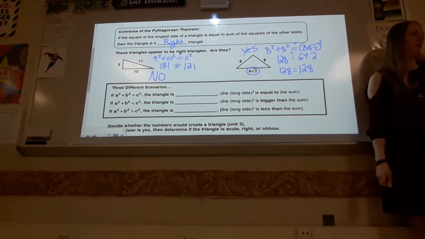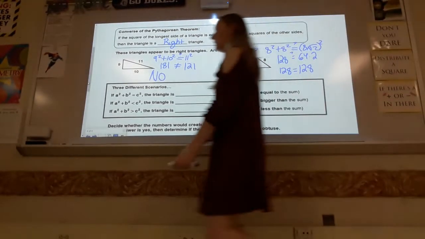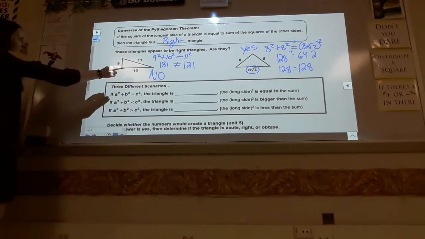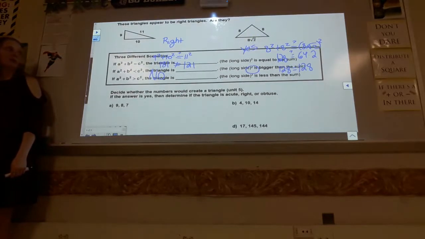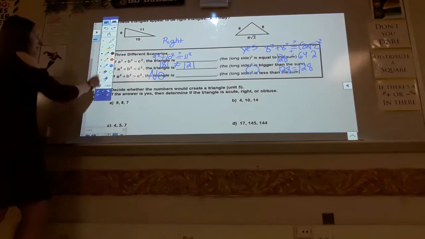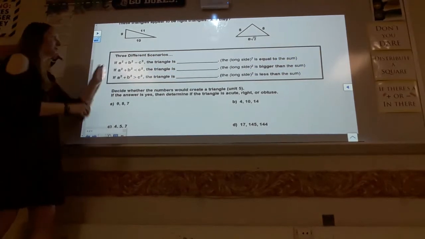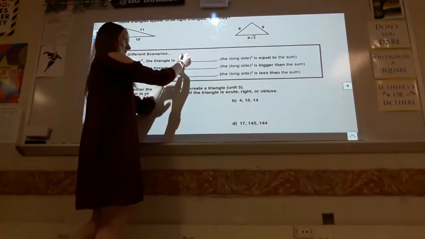Alright, everybody good on how to use converse? Alright, so like for this instance right here, where we said it's not a right triangle. Well, if it's not a right triangle, maybe we want to know what kind of triangle it is. If it's not a right triangle, what is it, acute or obtuse? So I have these little extensions right here. Obviously, if a squared plus b squared equals c squared, then it's what kind of triangle?